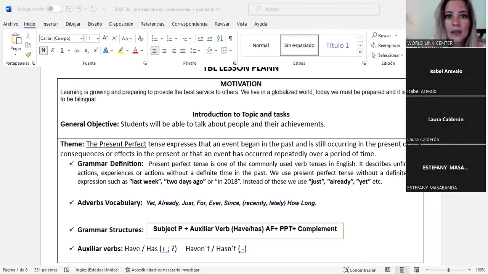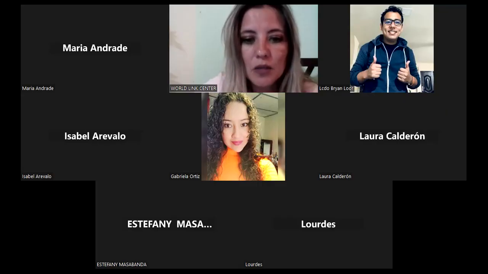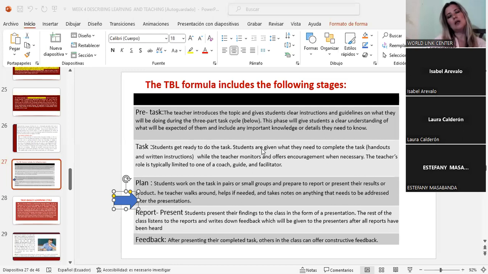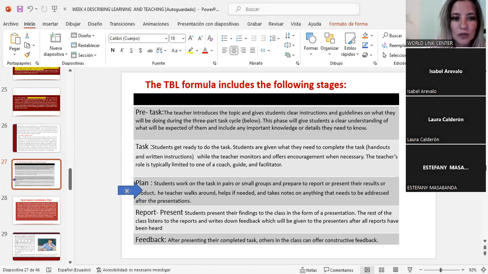Okay. Let me show you something here. Remember that if you do the TBL lesson plan, you have to use this format. This is the format for the TBL lesson plan.